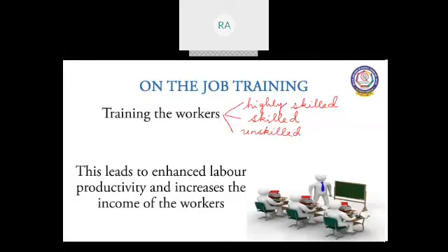These unskilled workers must be trained so as to increase their efficiency. They are trained in the firm itself under the supervision of a highly skilled worker. When they are trained by their own staff, we call it on-campus training.